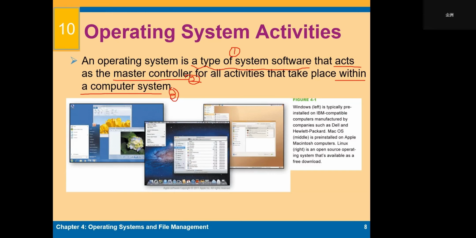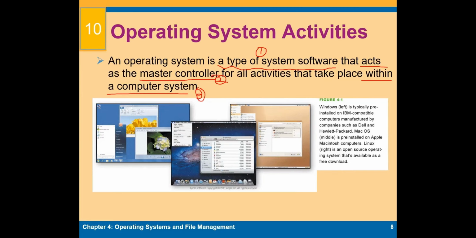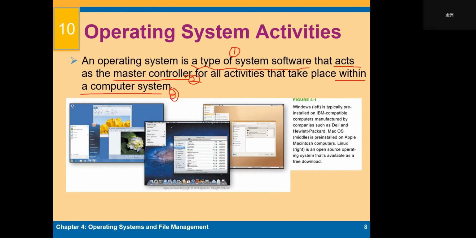So an operating system is a collection of programs that handle many of the technical details related to using a computer. So in many ways, the operating system is the most important type of computer program, because we can imagine if there's no functioning operating system, then the computer would be useless. It cannot be used very easily or powerfully.